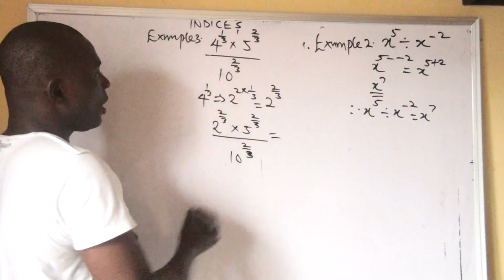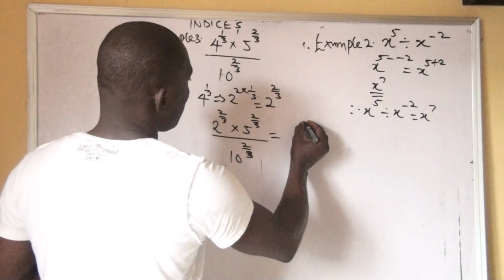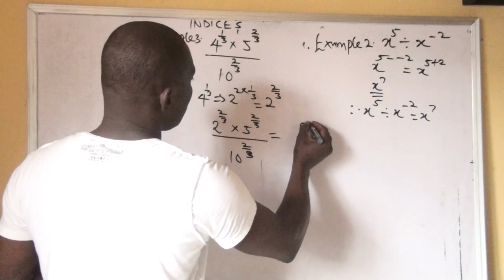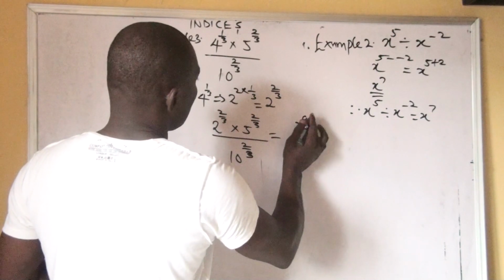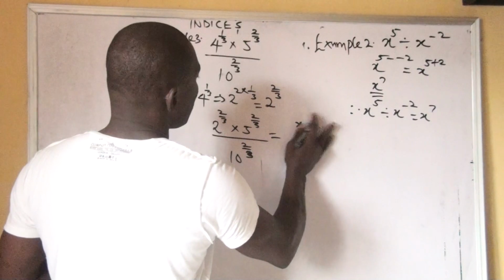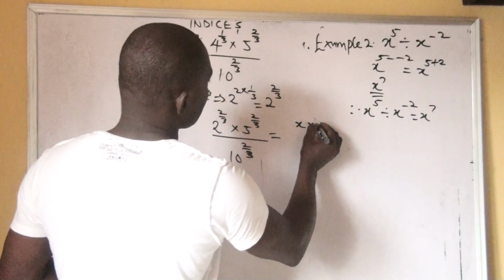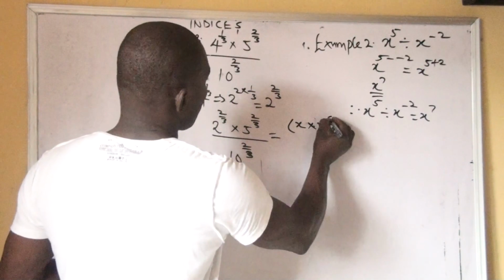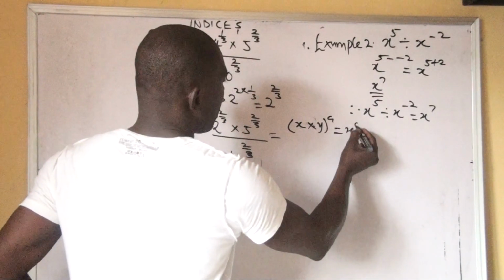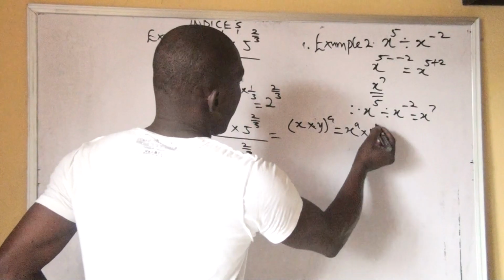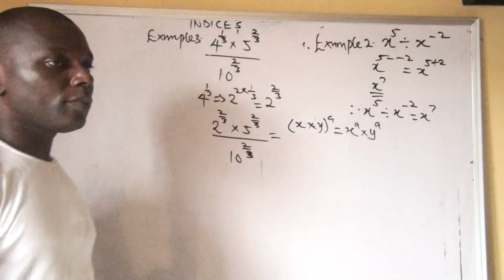If we have x times y, all raised to power a, this simply means x raised to power a times y raised to power a.